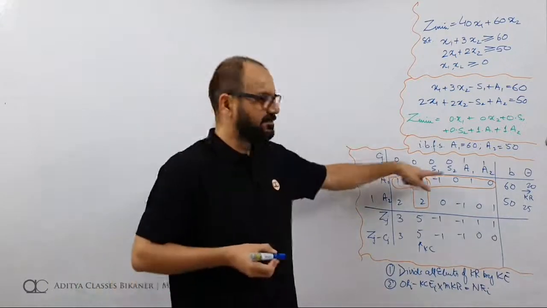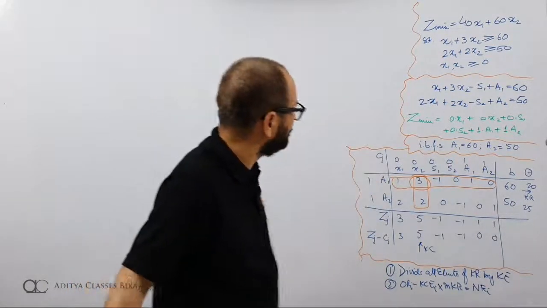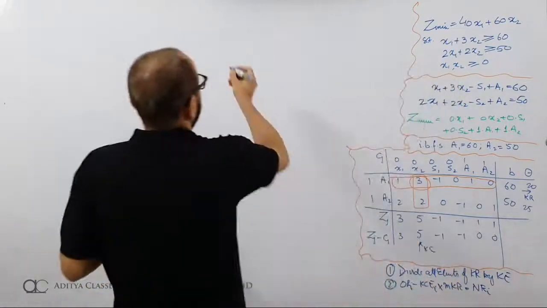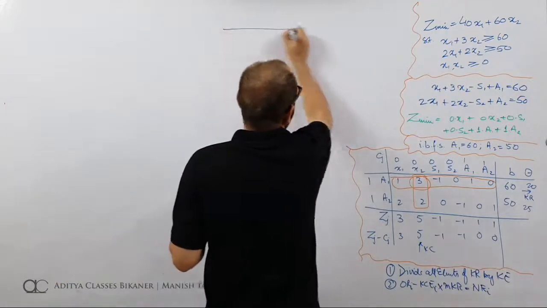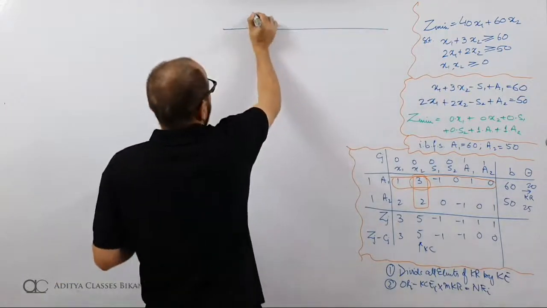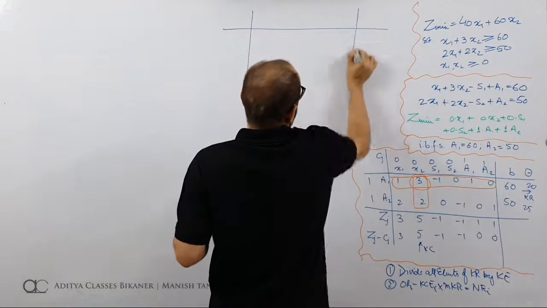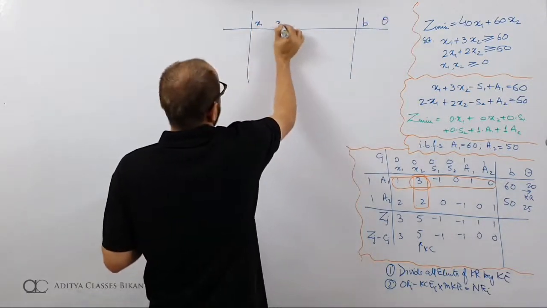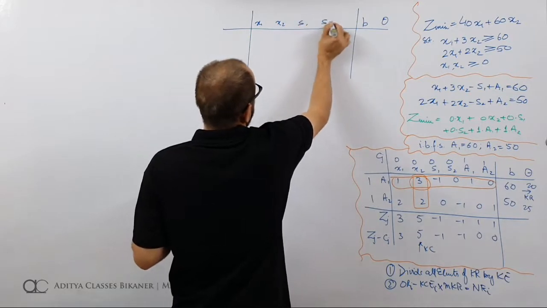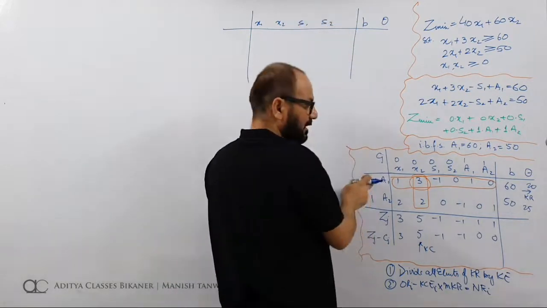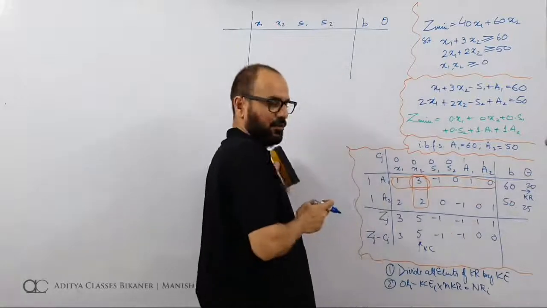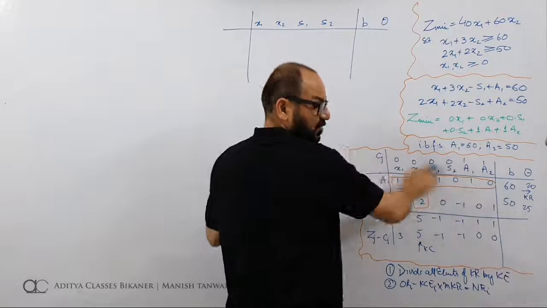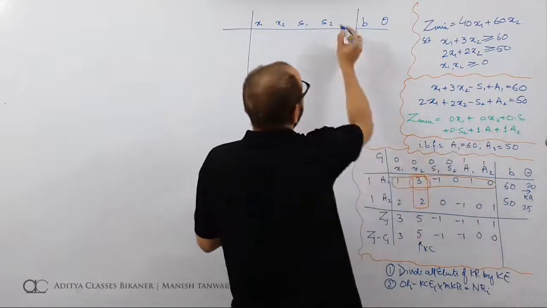First, let us transfer the key row. For transfer of this key row, let us make a matrix over here. We have x1, x2, s1, s2. Now a1 is outgoing variable because it is key row. So a1 is going out. I'll not be talking about a1 from here on.